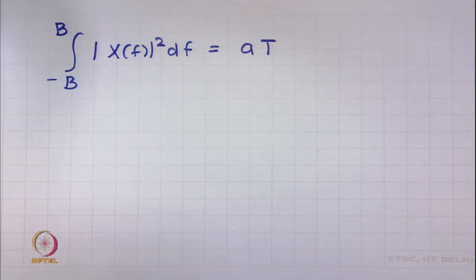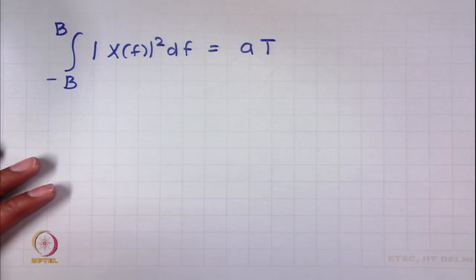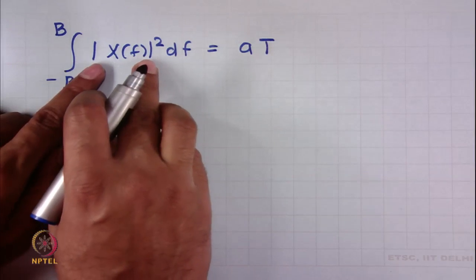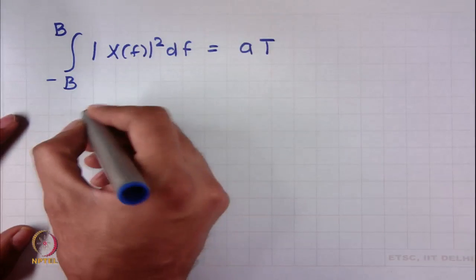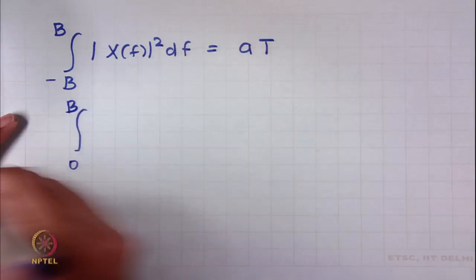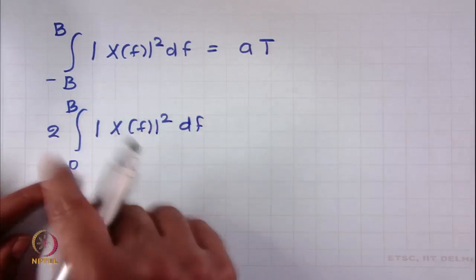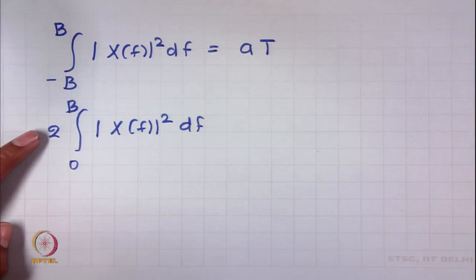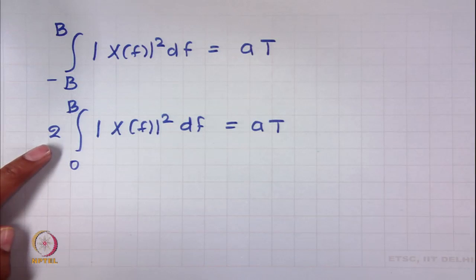and now let us try to simplify this a bit more before you resort to a computer to solve it. You cannot solve it by hand, it should be solved using computers, but let us simplify this a little bit further by thinking that this mod of X(f) is a symmetric function. So, rather than carrying out this integration, it would be nicer or simpler to just carry out the integration between 0 to B and just multiply the thing with 2. So, from this we have to solve for this expression.